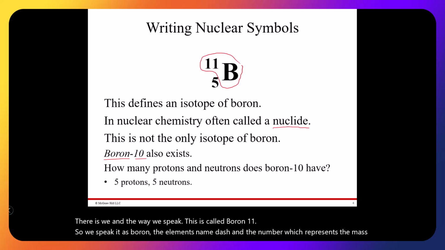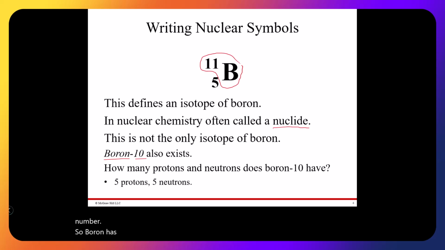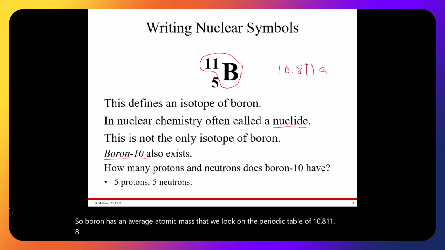So boron has an average atomic mass that we look on the periodic table of 10.811 atomic mass units. That's how much the average atomic mass for boron is.